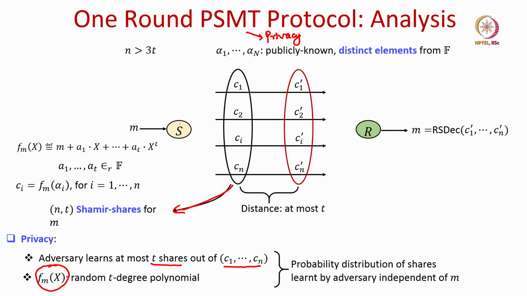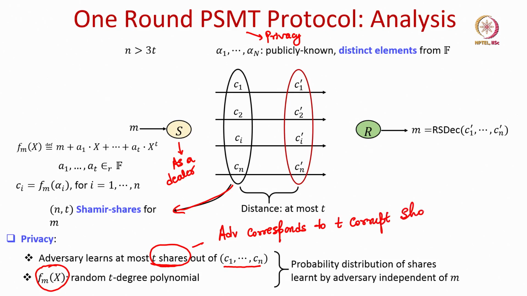You can imagine the sender as a dealer, and he is sending 1 share over each channel. In the worst case, t shares might get compromised because they might be observed by the adversary. So, adversary corresponds to t corrupt shareholders.